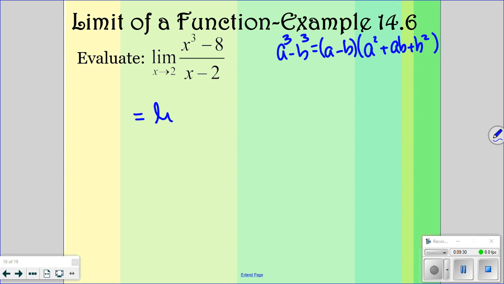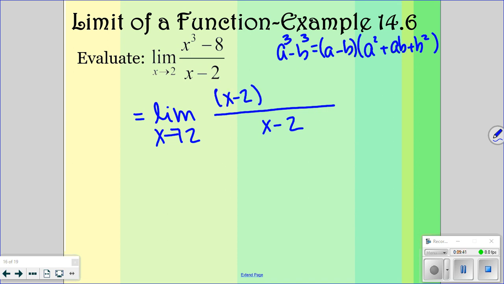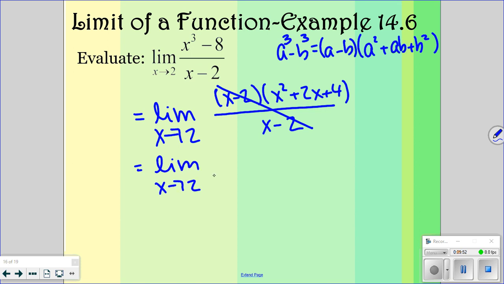And so that factors as x minus 2 and then x squared plus 2x plus 4. So the x minus 2's cancel, and you're left with the limit as x approaches 2 of x squared plus 2x plus 4.